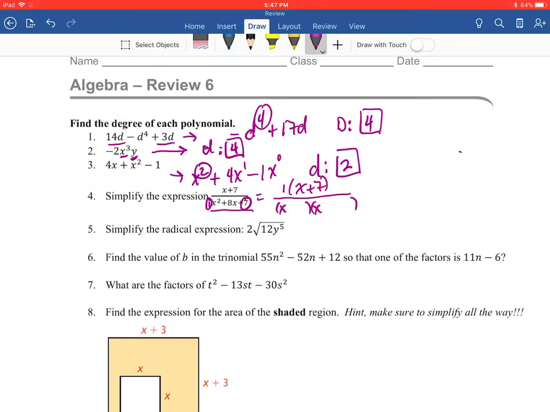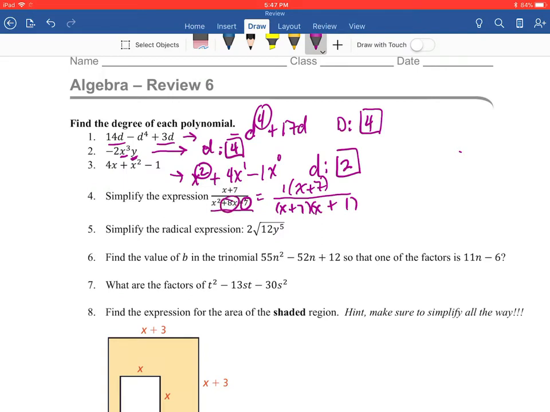My first terms are going to be x, because x times x is going to give me x squared. Now, when I look at my factors of 7, because 7 is a prime number, the only factors are 7 and 1. If I add 7 and 1, that will give me 8, which is what we want here. We want the sum to be our B value.